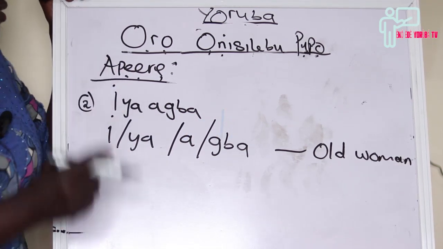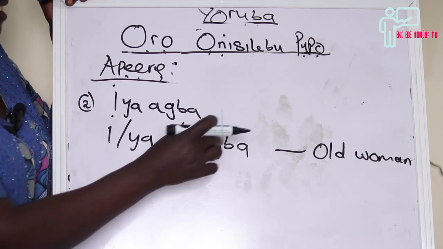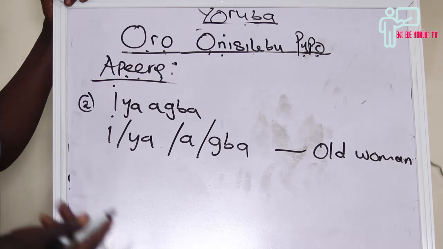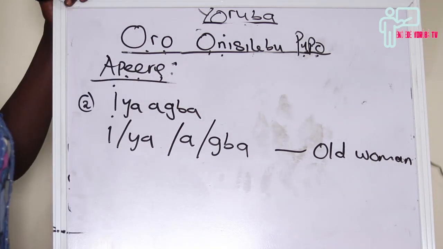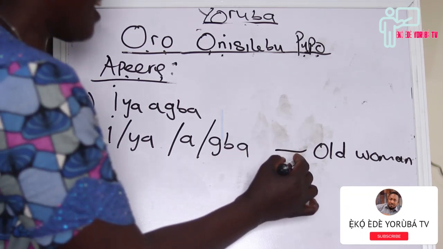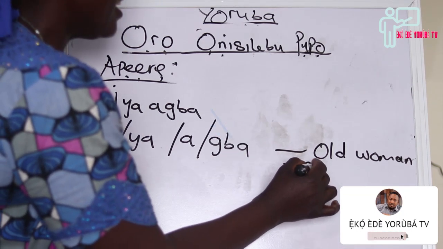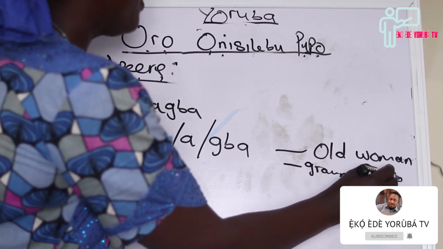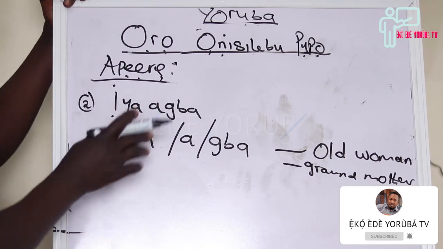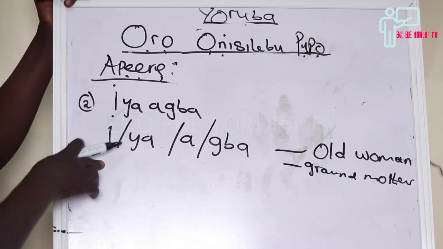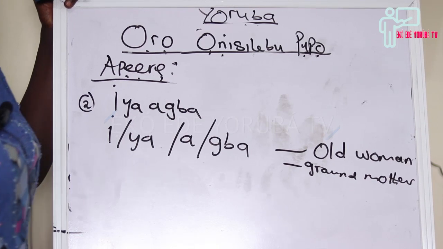You put points. Ìyá àgbà, which is old woman, or we call it grandmother. Granny, grandmother. The old woman. So ìyá àgbà.